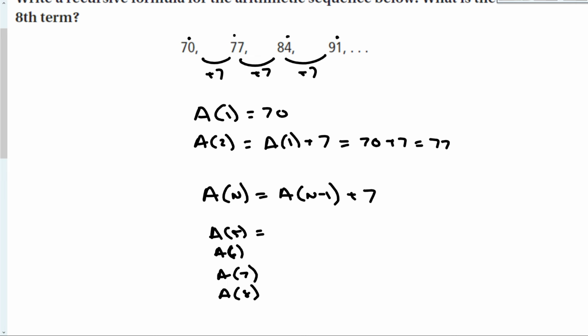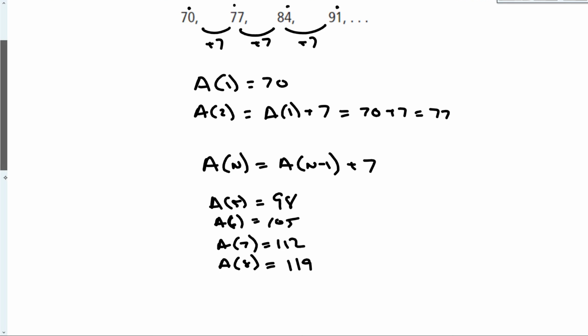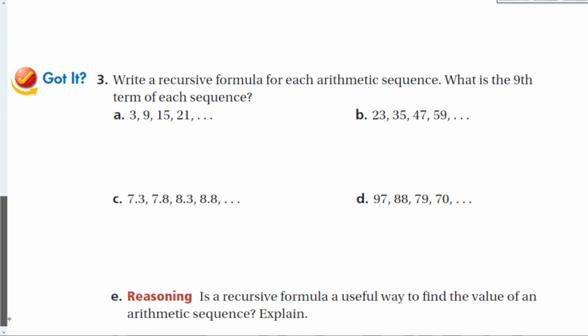So 5 would be 91 plus 7, 98. 6 would be 98 plus 7, 105. 7 would be 112, which makes 8, 119. So you do have to go through all 4 of those to get up to 8.